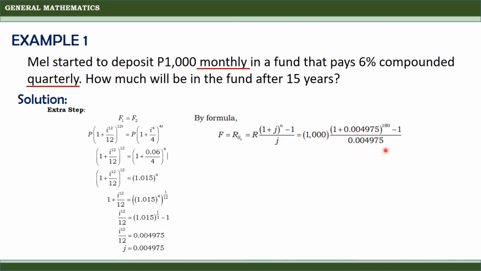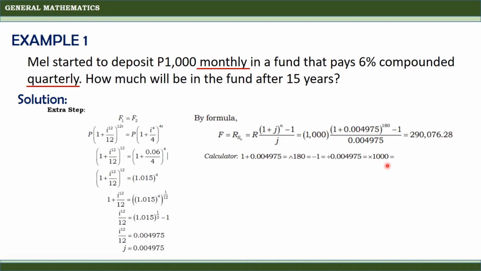Using our calculators, to key in this expression, we need to input the following. 1 plus 0.004975 equal sign, raised to 180 equal sign, minus 1 equal sign, divided by 0.004975 equal sign, times 1,000 equal sign.